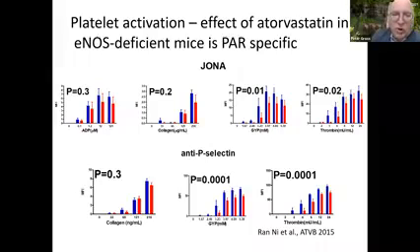So then we asked what happens if you do this in mice that are lacking endothelial nitric oxide synthase, so eNOS deficient mice. So we know that eNOS deficient mice are prothrombotic and have hyperreactive platelets. And what you can see here is that instead of the statin inhibiting aggregation to all agonists, it seemed to be localized to just thrombin and the thrombin peptide.